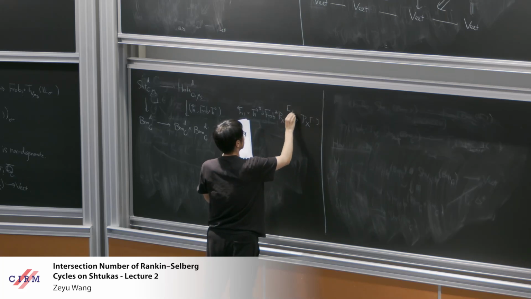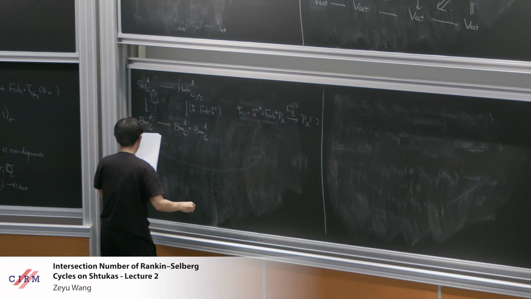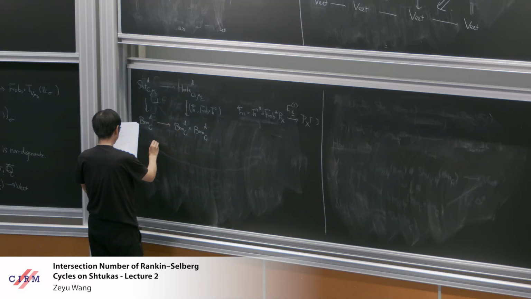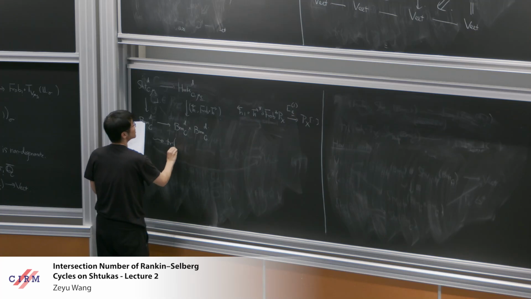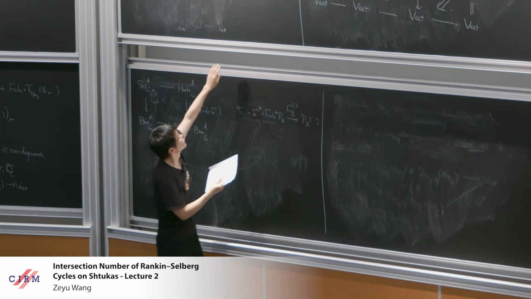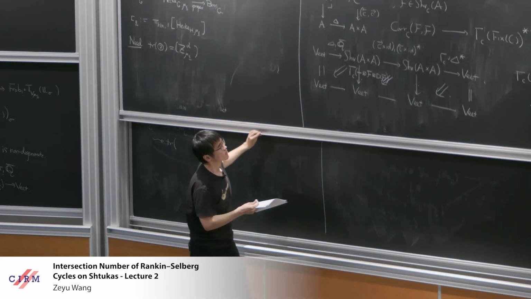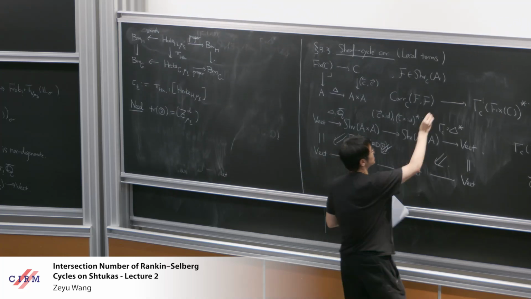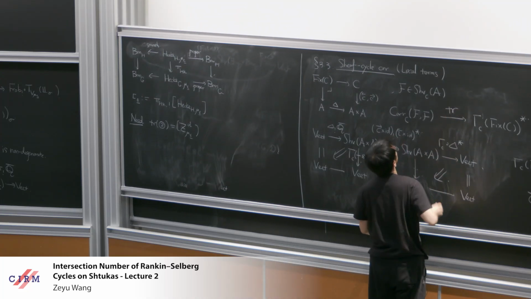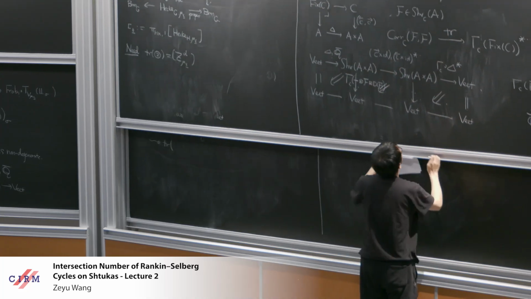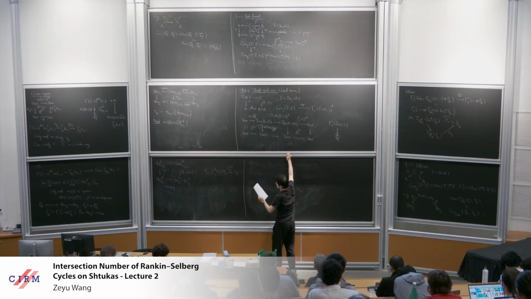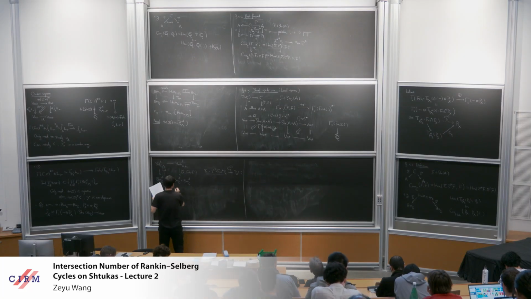You have a cohomological correspondence called C epsilon, but you make a Frobenius twist. I also want to name this as trace. This gives you a trace of this cohomological correspondence.